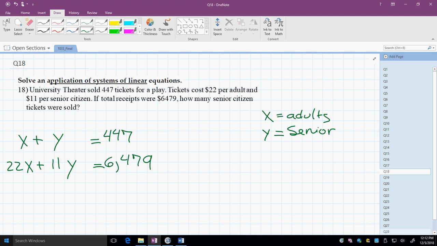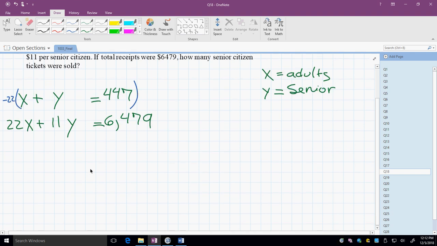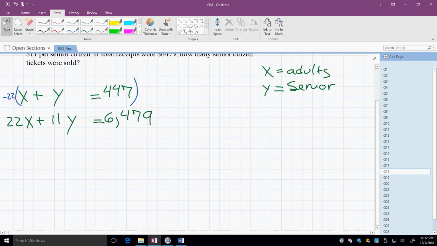So we have to do the same that we did before. We can do elimination. We'll multiply the top equation by negative 2 so we can cancel x and figure out y. So I distribute the negative 22.